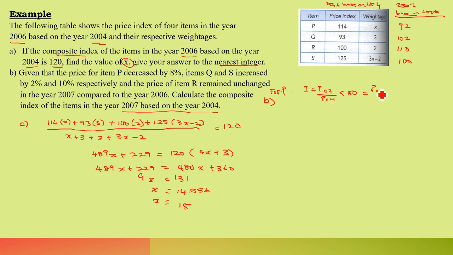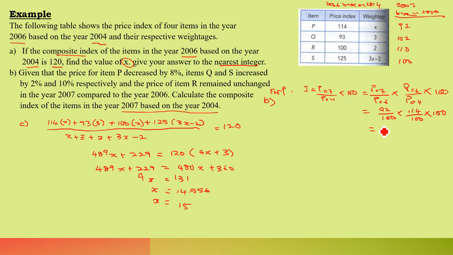So it's P07 over P06 times P06 over P04 times 100. Because you are given 07 based on 06 is 92. Okay, and 06 based on 04 is given 114. And times 100.